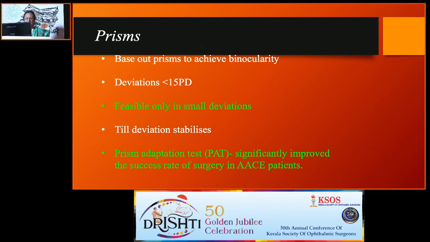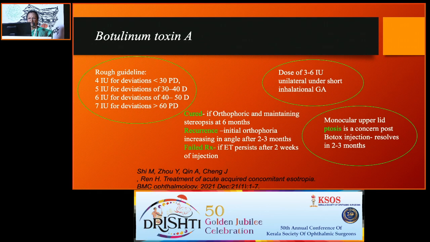Prisms are feasible only in small deviations, and till the deviation stabilizes, you think of giving prisms. Botulinum toxin, in our setup, the cost is the main problem. A 100-unit vial, which was shown to you by Dr. Amrita, costs around 23,000 rupees.